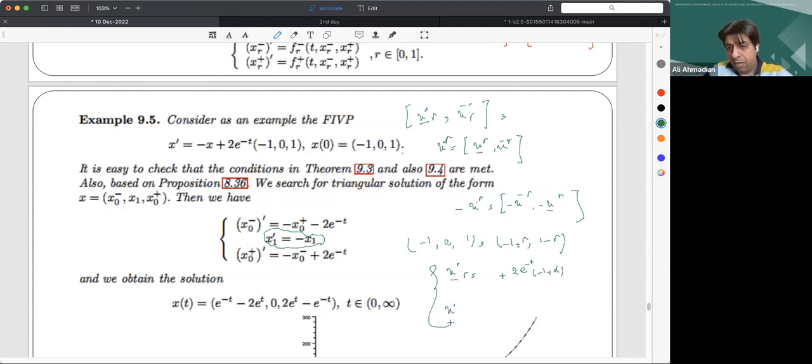X prime upper r, 2e minus t, 1 minus r. Sorry, here I wrote alpha, it's actually r. Okay. What should I write here?